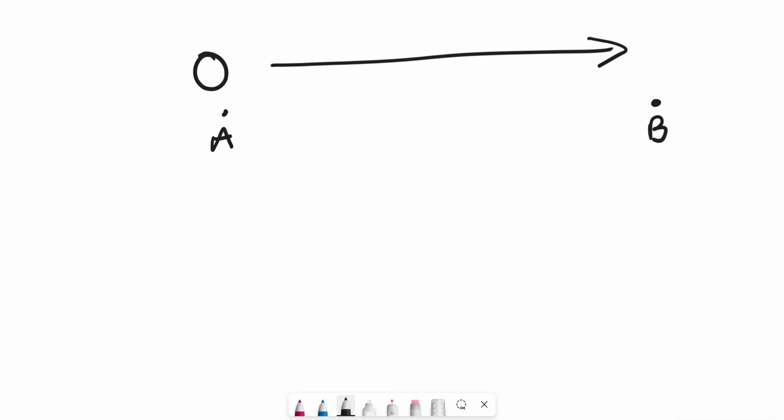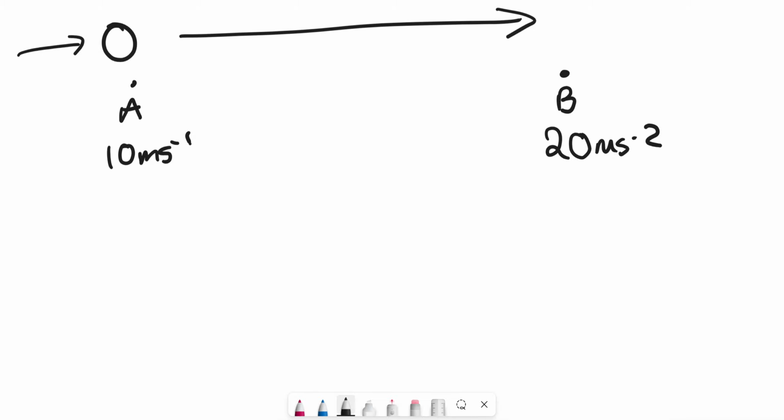So say for example, just a quick example, say there's a ball, it goes from point A to point B. It starts rolling, let's say it's already been going, it starts at 10 meters per second, and it ends up at 20 meters per second, and the time that this whole motion occurs in is, say, 5 seconds.